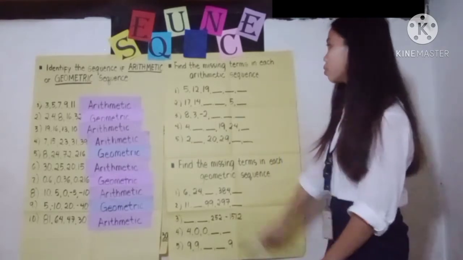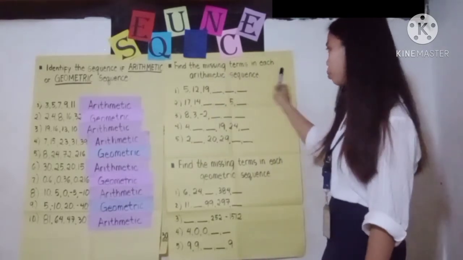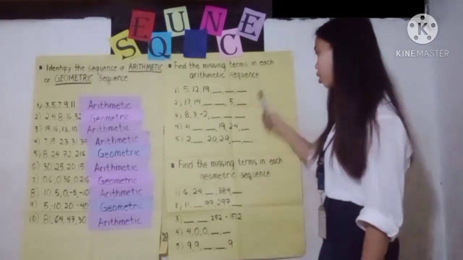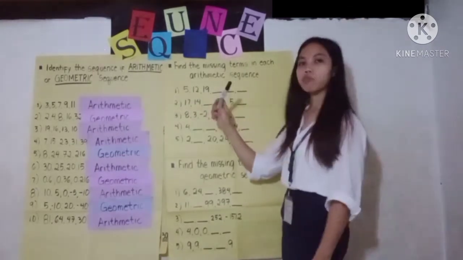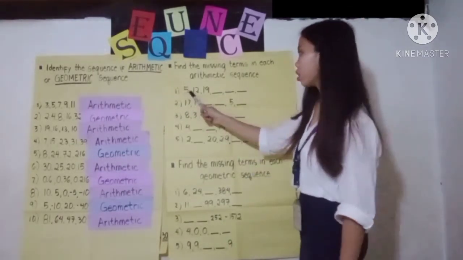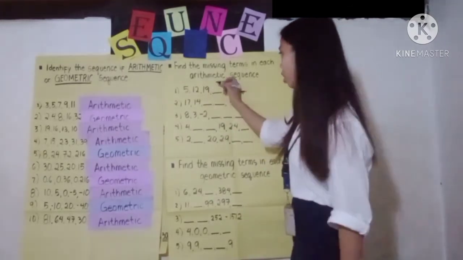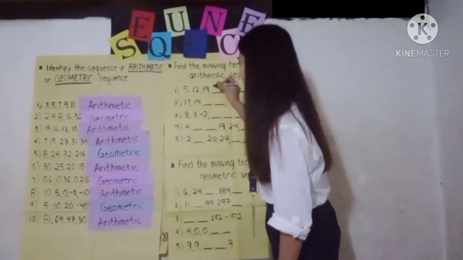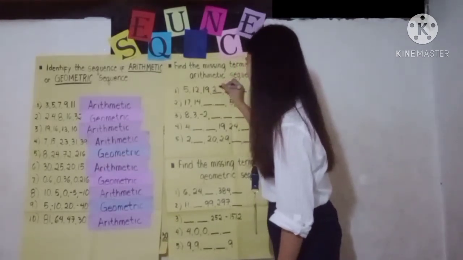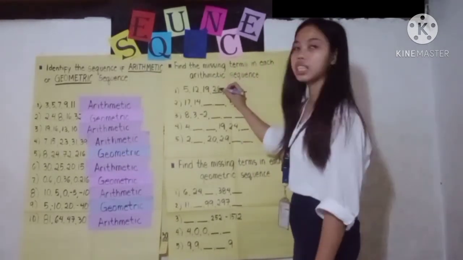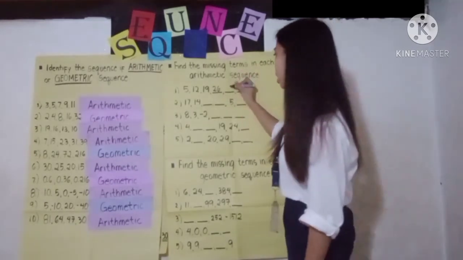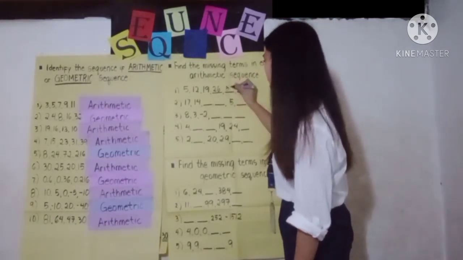So now, part 2 is find the missing term in each arithmetic sequence. 5, 12, 19. The common difference is 7. So 19 plus 7 is equal to 26. And 26 plus 7 is 33.